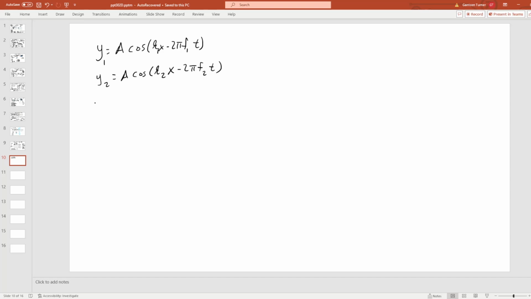So when we add these, we can factor out the amplitudes, and we're left with the sum of our cosines.